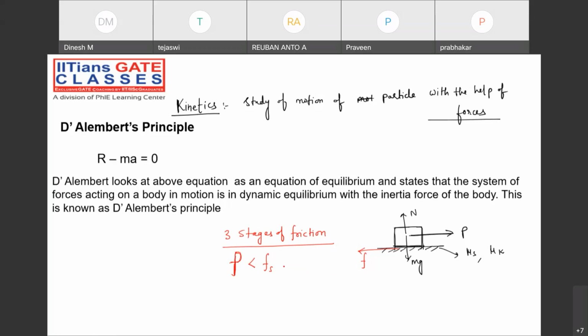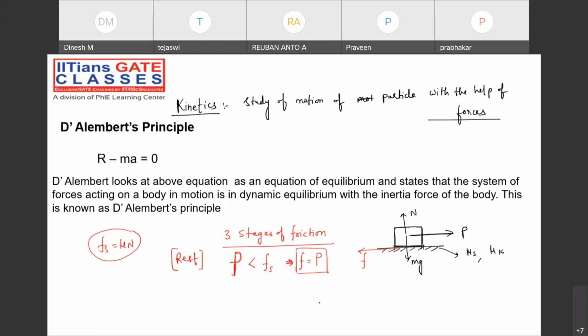When force P will be less than static friction, what is the Fs? Mu into N. That is a static friction force. Then what will be the value of friction force F? Simply P only. That means under rest condition.